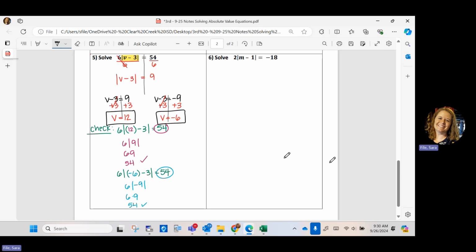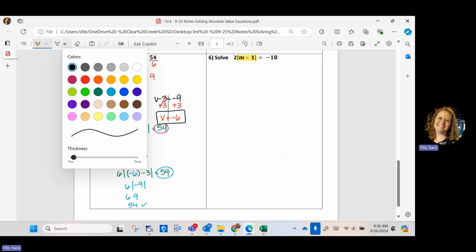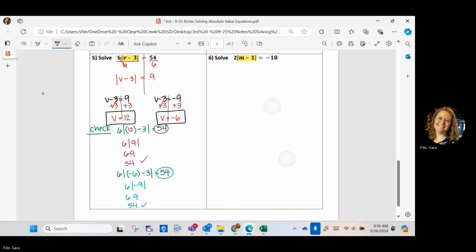All right, on number 6, I need to isolate the absolute value expression, which is the absolute value of m minus 1. How do I get rid of that 2? I'm not going to distribute. The absolute value bars are not parentheses. I'm going to divide it over.